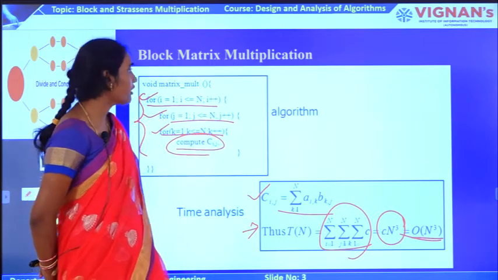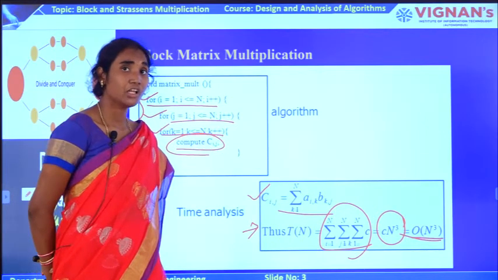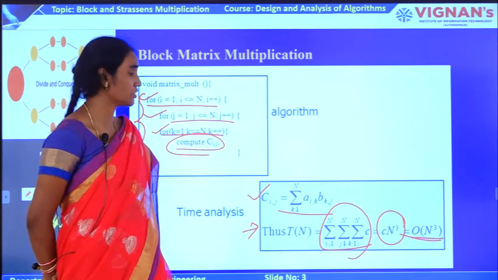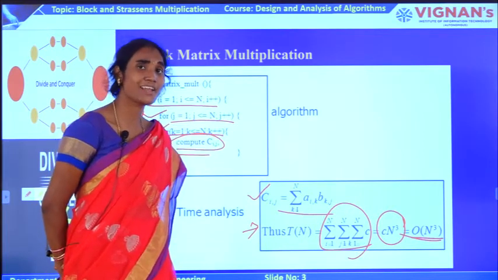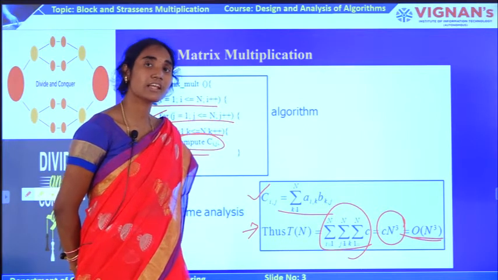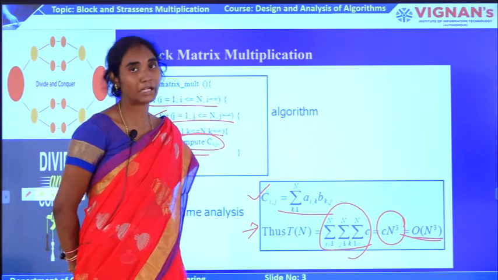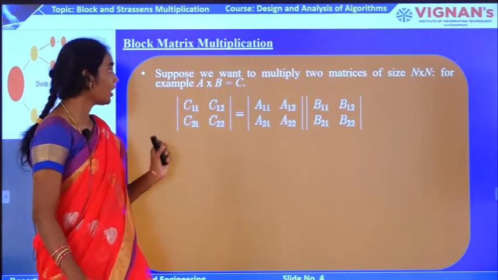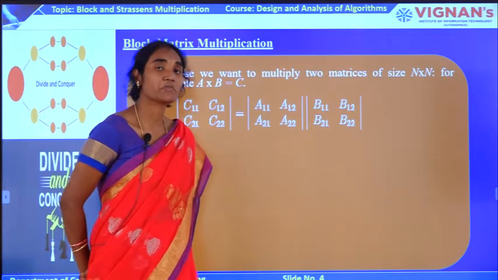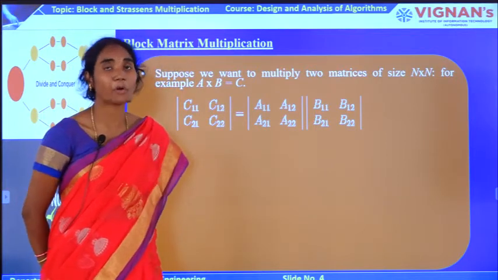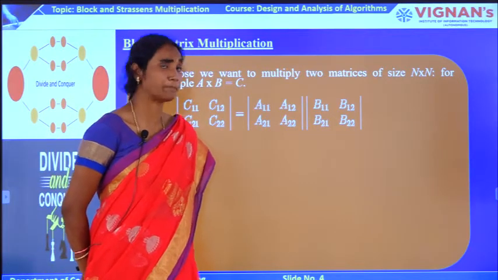Now if I apply the divide and conquer strategy for this matrix multiplication, this time complexity might be reduced. So let's see how divide and conquer is applied to perform matrix multiplication. There are 2 matrices called A and B which have to be multiplied, and the product we are going to store in C. Now C is equal to A into B, right?